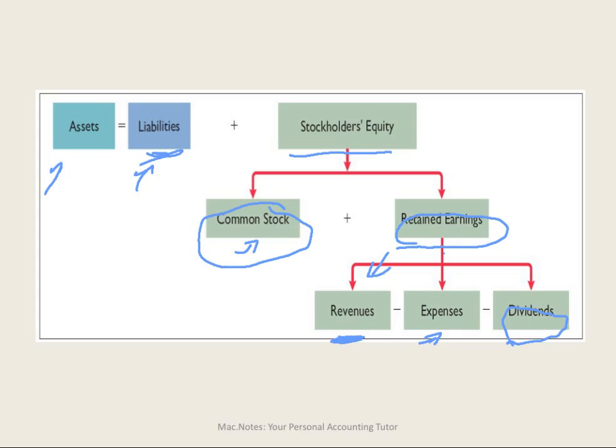So there are your types of account. 1, assets. 2, liabilities. 3, equity. 4, revenue accounts. 5, expenses. Basically all business transactions fall into one or two of those 5 categories of the balance sheet equation.